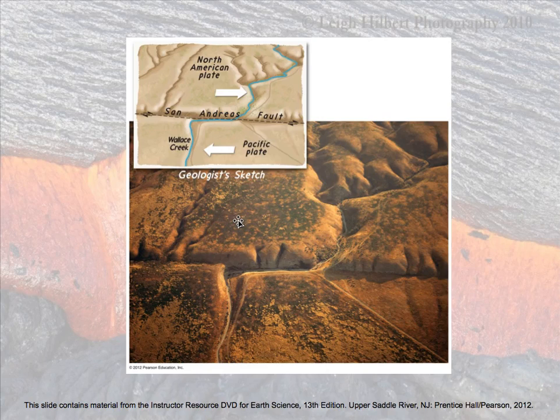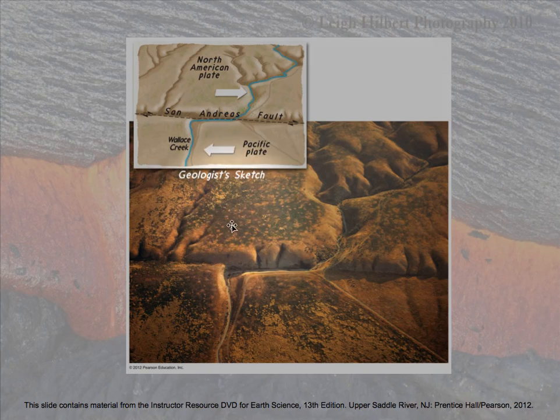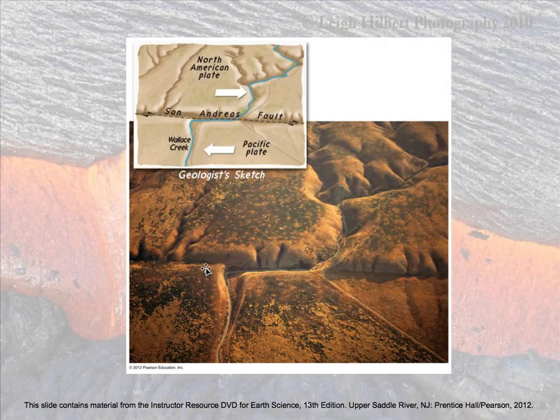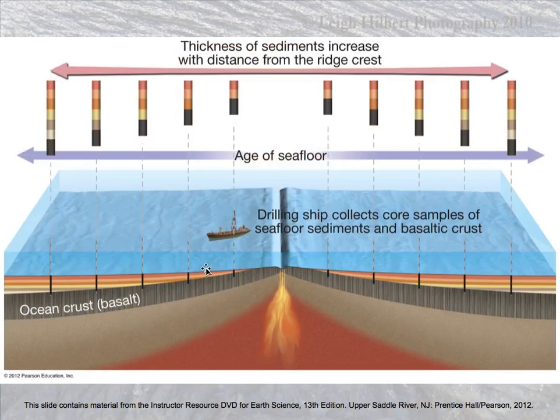This is a really interesting picture of a transform fault at the San Andreas fault. This river valley was at one time connected with that river valley. Transform faulting has moved those two masses, those two plates, laterally relative to each other.